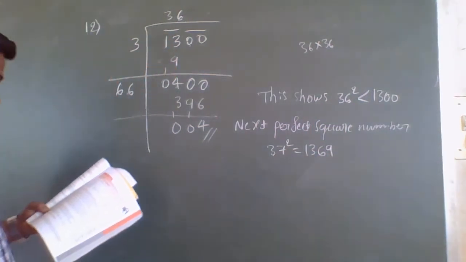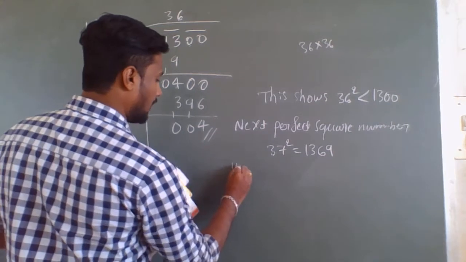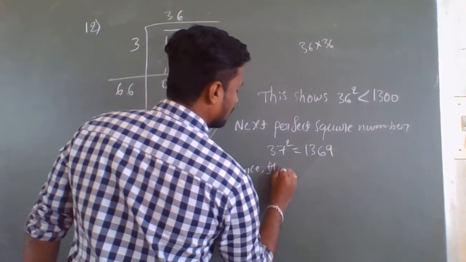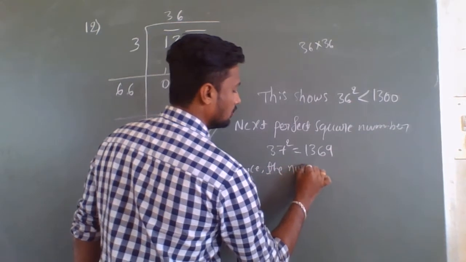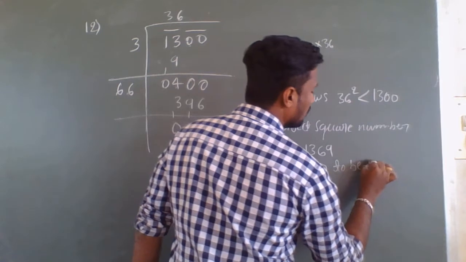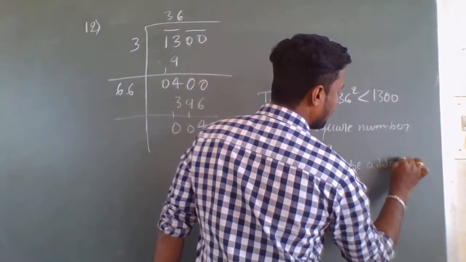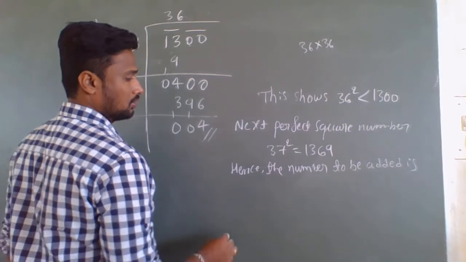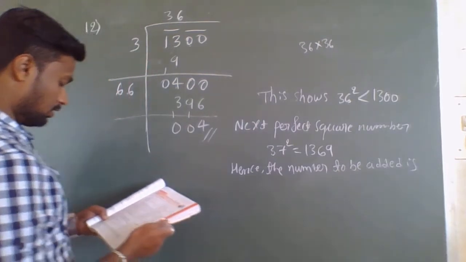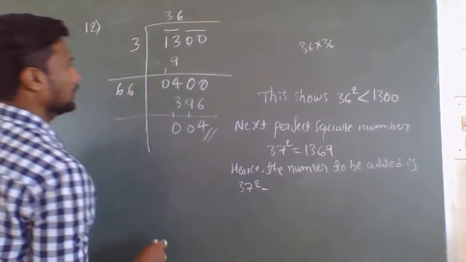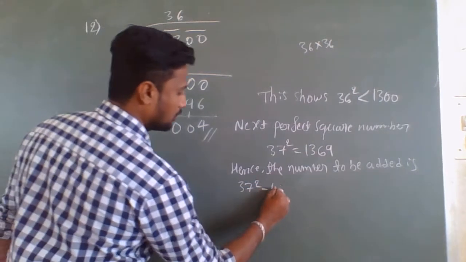Hence the number to be added is 37 squared minus 1300.